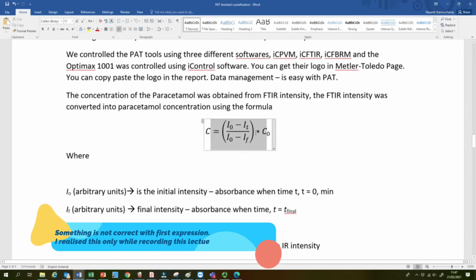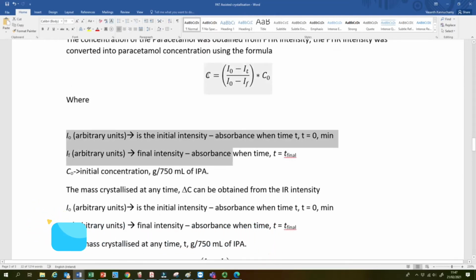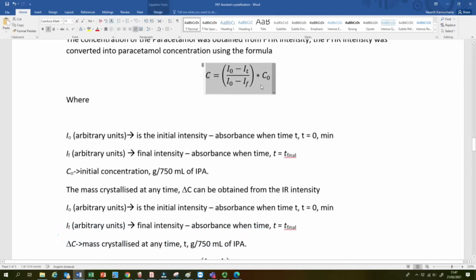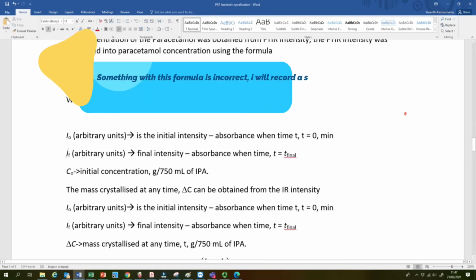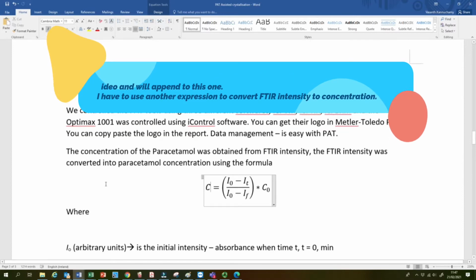I use this formula to convert your intensity into concentration, and so these are the values. You don't have to worry about this at the moment, because it needs some expertise to convert IR intensity into concentration. Just to mention, we get the IR intensity from the experiment, and then we converted the IR intensity into concentration.